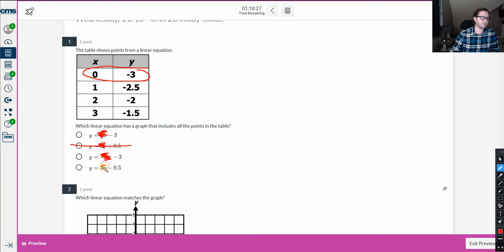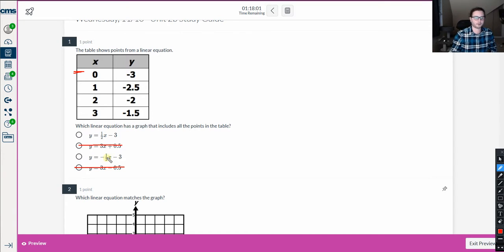And then this one, we multiply 3 times 0, and that would equal 0. So -0.5, that will not work. So far, just by doing that one set of coordinates, we were able to eliminate these two as answer choices.